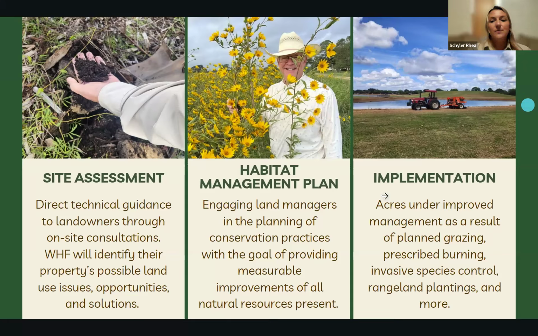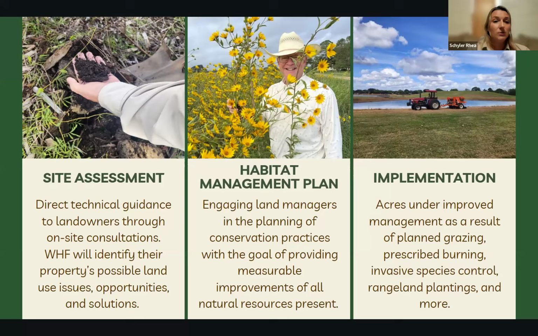Then after that, when the landowner is ready, we will actually help with implementation. So this is boots on the ground, actually putting the work in to make the habitat better. How we do that is we work with other contractors where we can get them out there to help with whatever has been planned for that property: invasive species control, brush management.